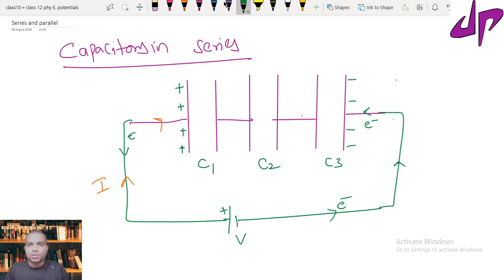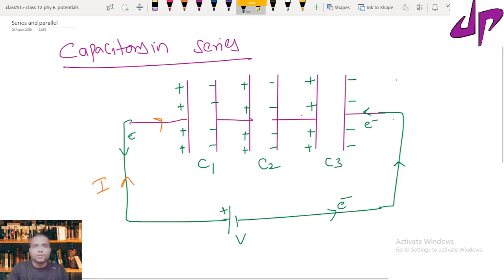Since this is a negative plate, because of induction the next plate accumulates positive charge, and likewise this plate accumulates negative charge, the next plate positive charge, and this plate negative charge.